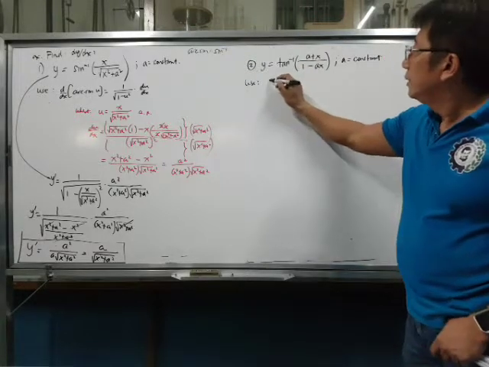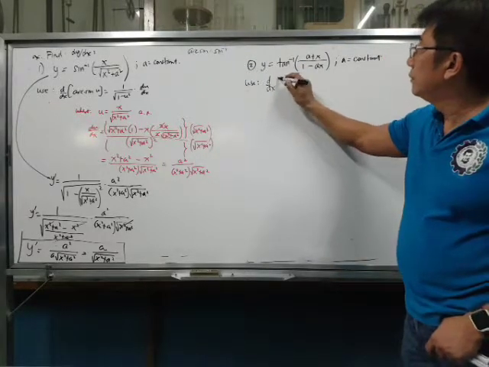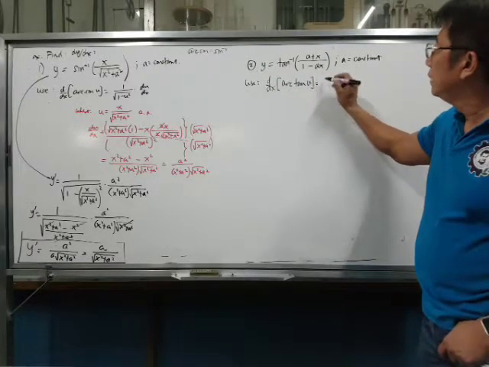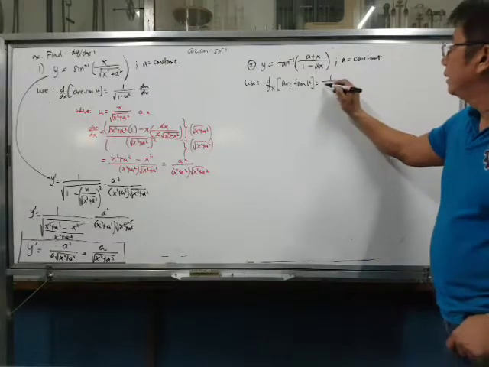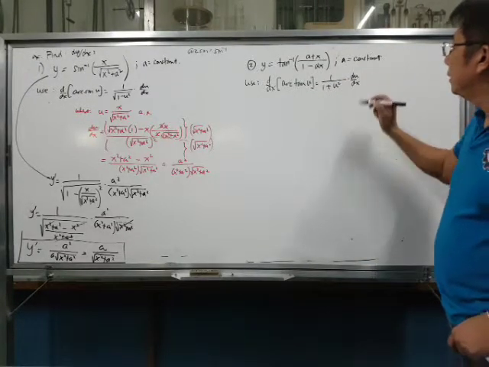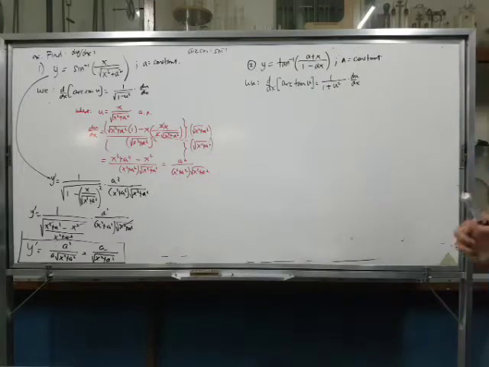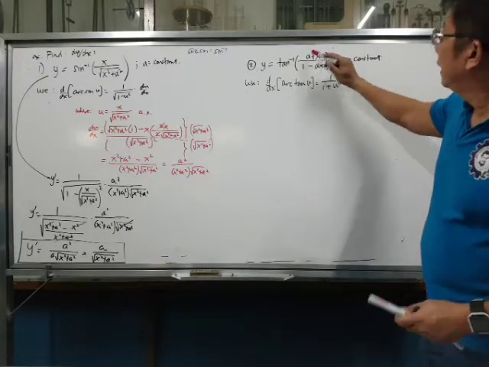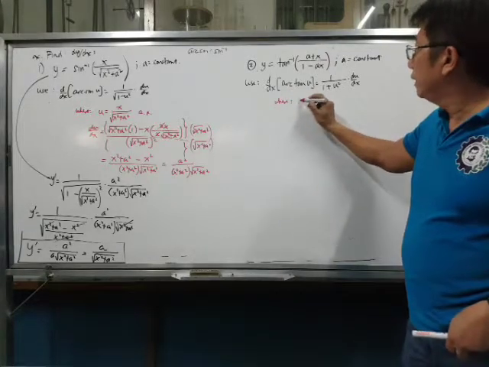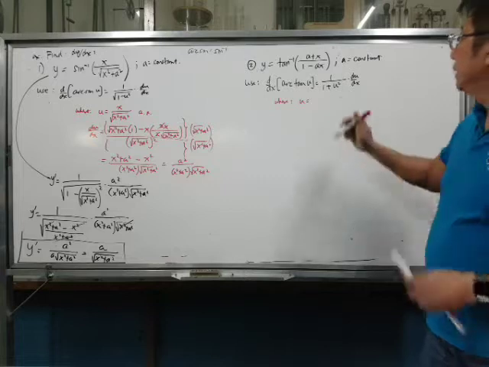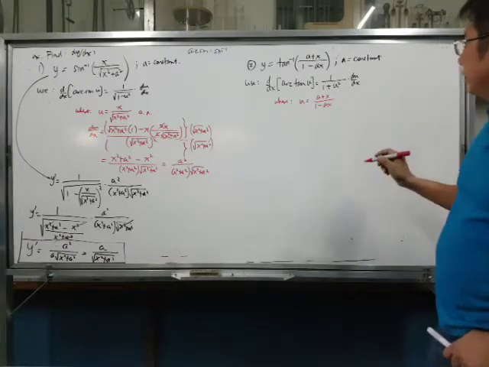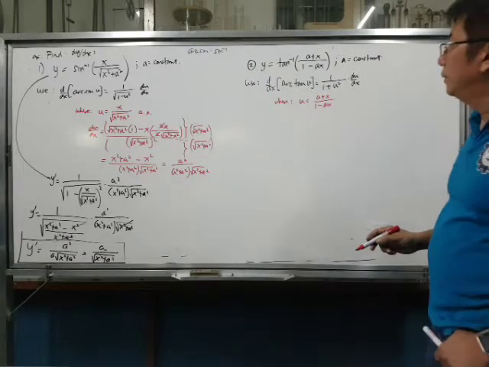The derivative of arc tangent u is 1 over 1 plus u squared times the derivative of u with respect to x. This is the entire letter u. Our u in the problem is (a plus x) over (1 minus ax), where a again is a constant, just like in the previous example.